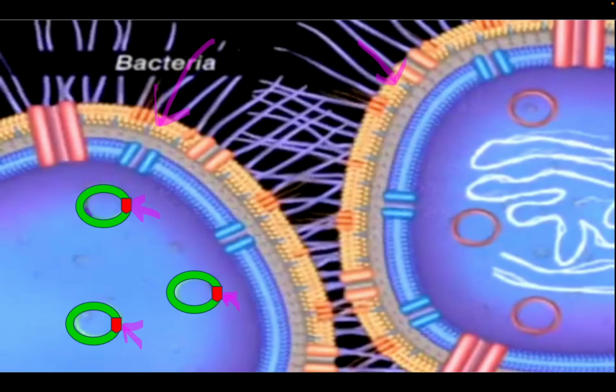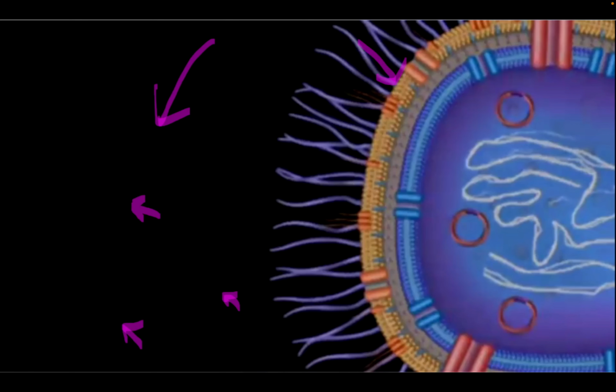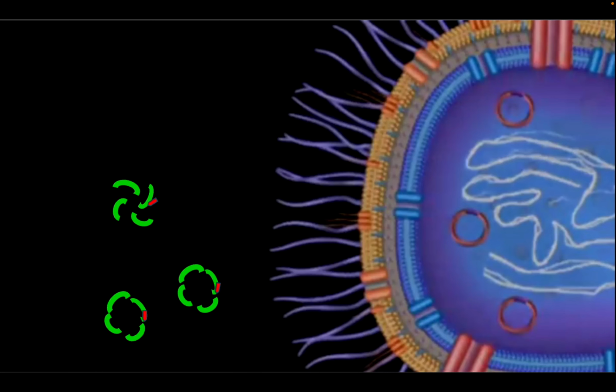Okay, so when two bacteria are close to each other and one of the cells dies or breaks apart, the DNA, class, will be released to the surrounding environment, right? And the other bacteria in close proximity to this DNA will scavenge this free-floating DNA.